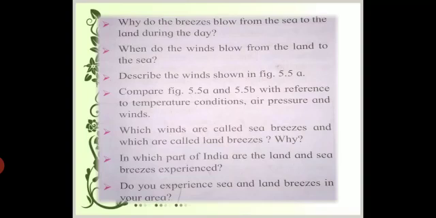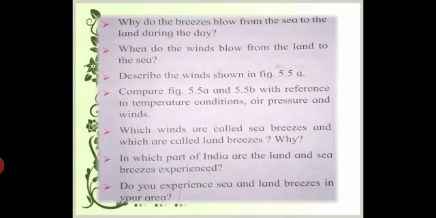Land breeze is categorized by a flow from land to water late at night. Land breeze alternates with sea breeze because of the difference that occurs between the heating or cooling of the water surface and the land surface.